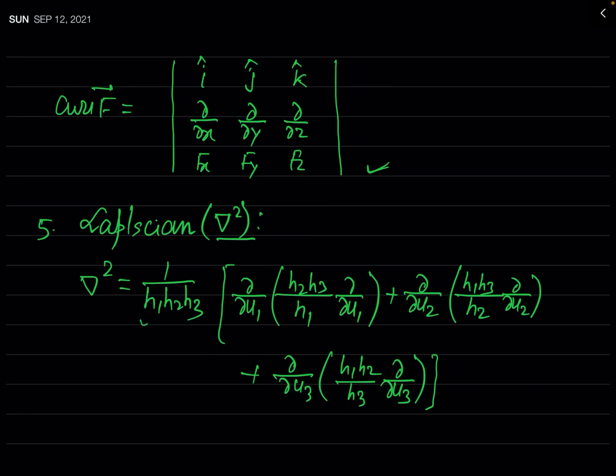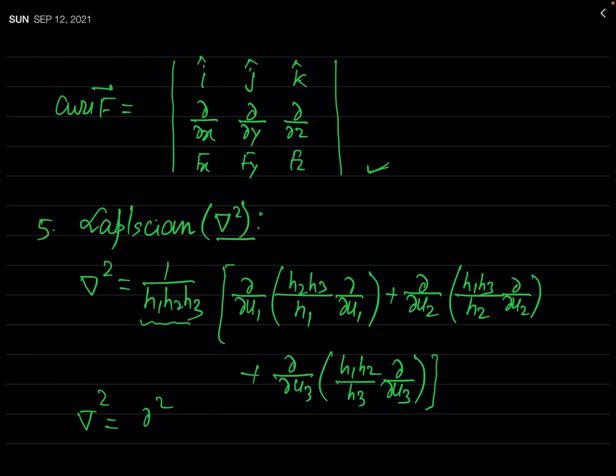Here the scale factors are 1, and we will replace u1, u2, u3 by x, y, z. After making this substitution, the expression for del square in Cartesian coordinates is very simple.